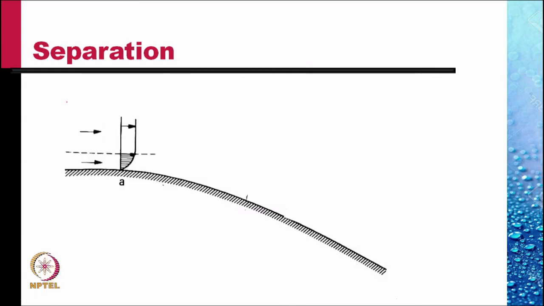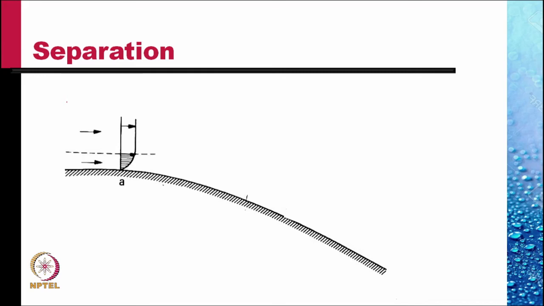We show here how the velocity profile changes down a surface where the pressure is increasing in the streamwise direction. Because the flow in the boundary layer has slowed down, the kinetic energy of the flow within the boundary layer is much less than the kinetic energy in the main flow, that is the flow outside the boundary layer.